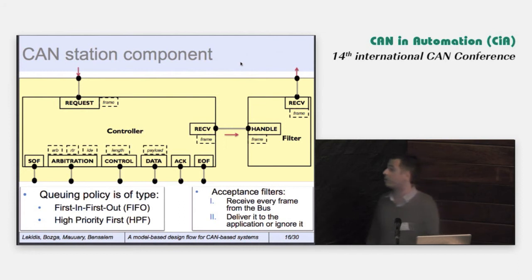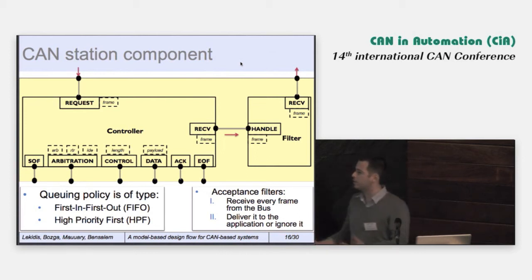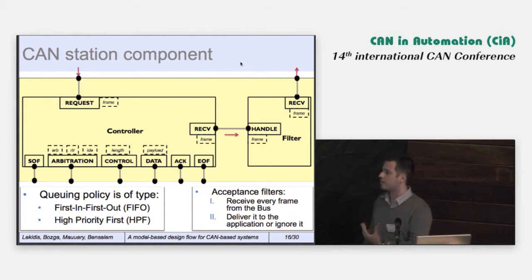The CAN station component, as I illustrated before, is a compound component, which means that it has two atomic components, which I illustrated before. The one on the left is the controller, which receives the requests from the application layer and then stores them inside the queue, which can be FIFO or HPF.